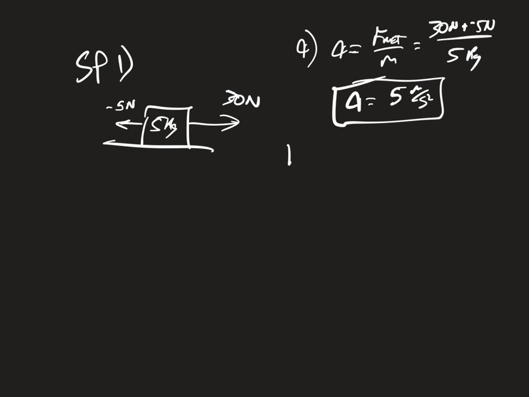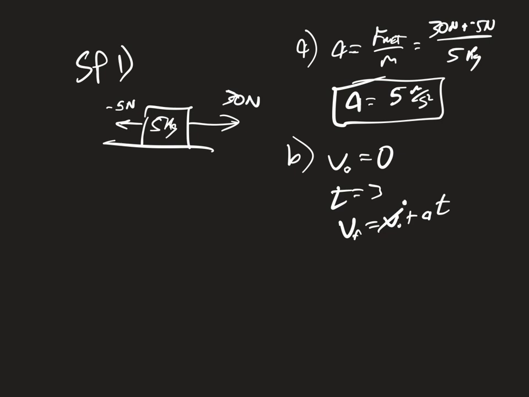All right, part B, it says if the block starts from rest, V initial equals 0. What will its velocity be after 3 seconds? So time is 3 seconds. I want to know the final velocity. V final equals V initial plus A times T. That's 0.